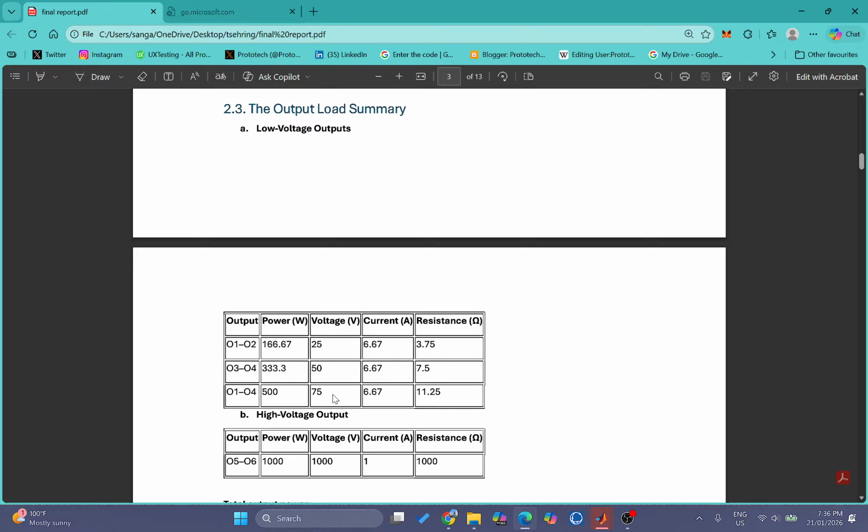Therefore, output 1 and output 2 will be able to fit a load of 166.67 watt. Output 3 and output 4 should be able to fit 333.3 watt, and when they are connected in series, a 500 watt load can be connected.